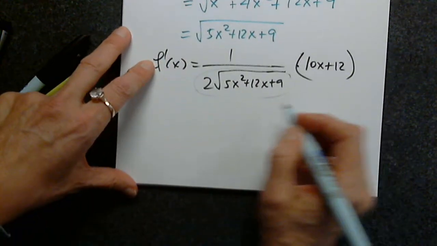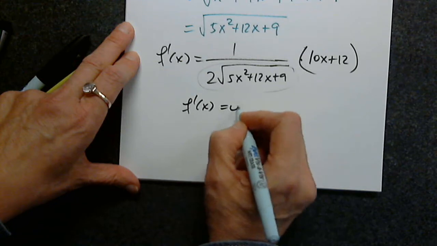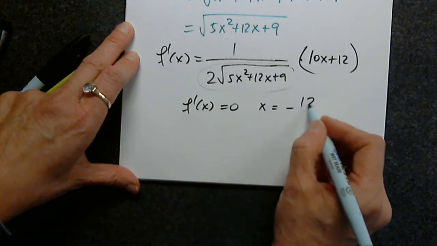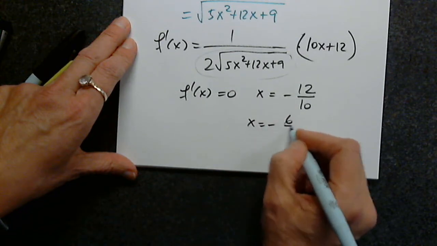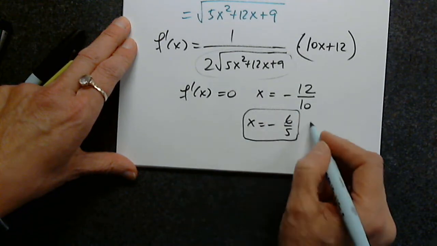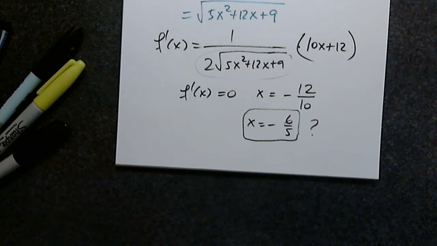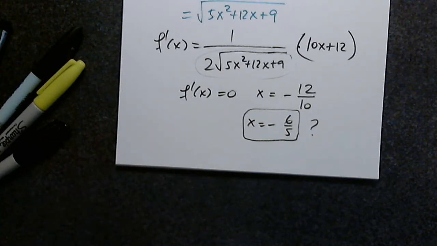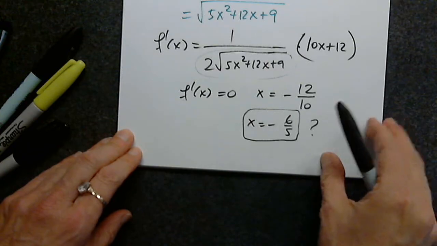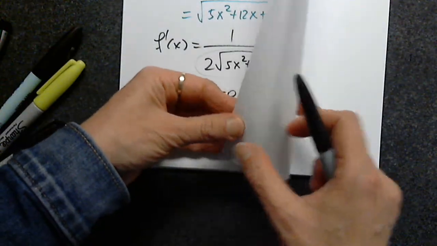Okay, so then f prime is 0 when x is negative 12 over 10, which is negative 6/5. Is this true? I don't know. I have not shown that this gives a maximum or a minimum yet. I know that the derivative is 0 when x is negative 6/5. I know that. But I don't know if this gives a maximum or a minimum.